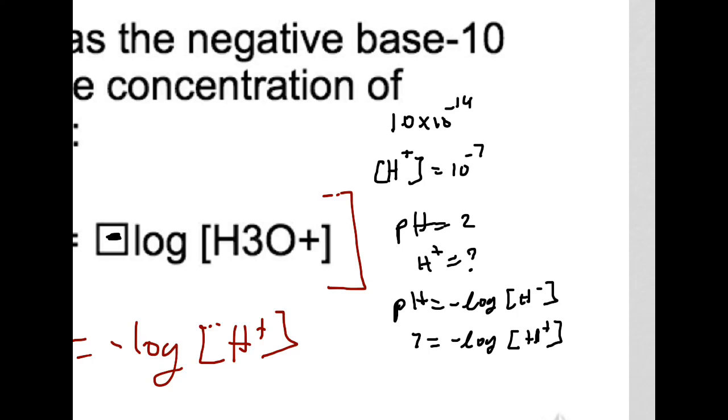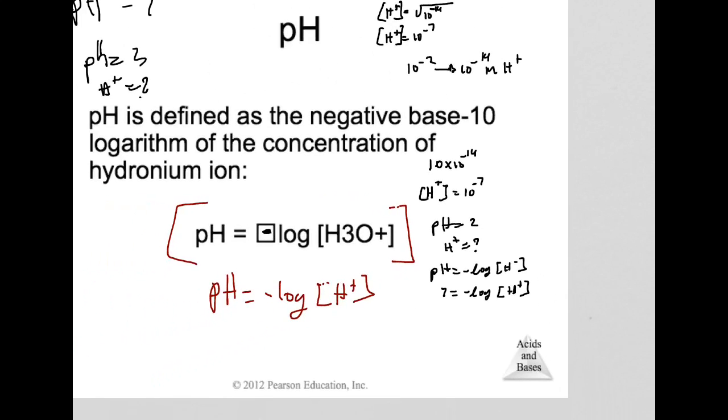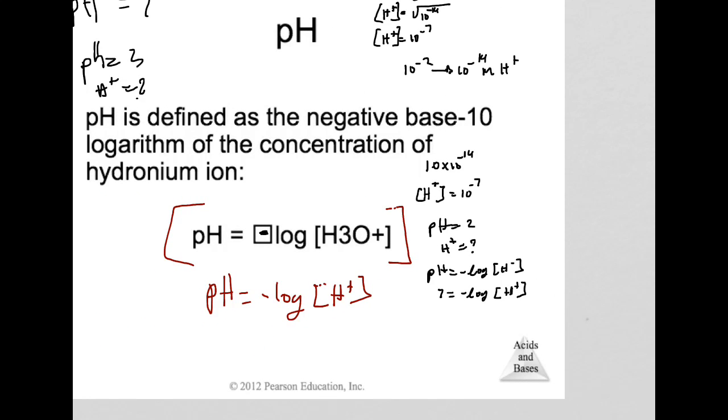I'm going to go log of this. And you're going to get some small number, right? So the pH is equal to the negative log of 4.7 times 10 to the minus 5.